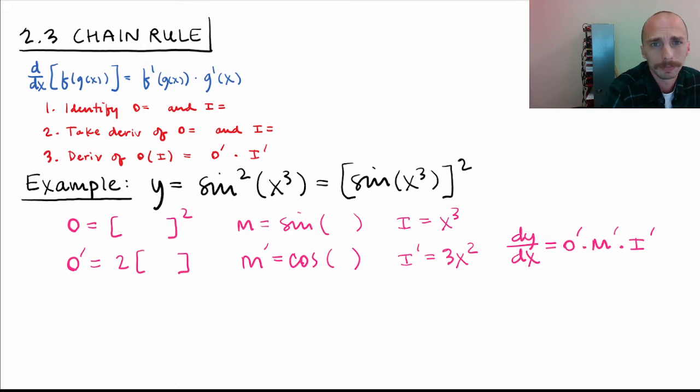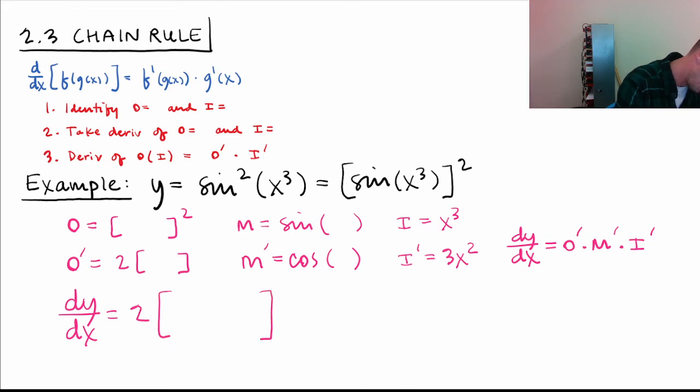But hopefully I just want you to internalize the chain rule on one layer and outside, middle, inside kind of situations, and then once you are really good with that, then you'll be able to take the derivative of any kind of chain rule situation. Okay, so over here, dy dx is going to equal 2 times that thing to the first, whatever was getting squared originally, multiplied by cosine of something, then multiplied by 3x squared.